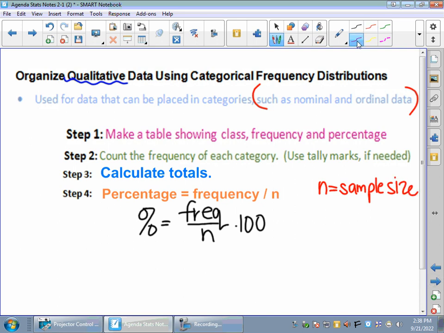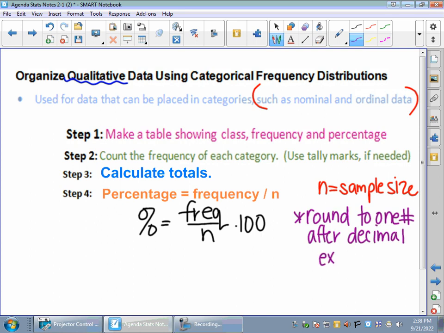And just so we know, when we do qualitative data, we're going to round to one number after the decimal. So it would be like 28.2%. If there is no rounding, obviously we wouldn't do that.